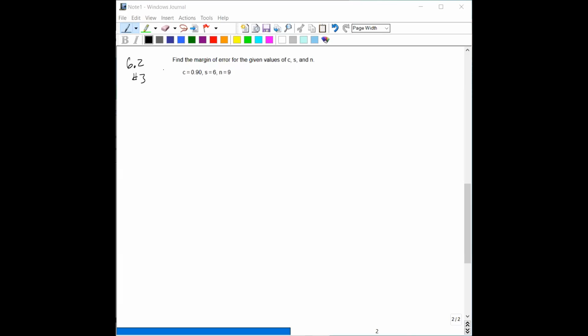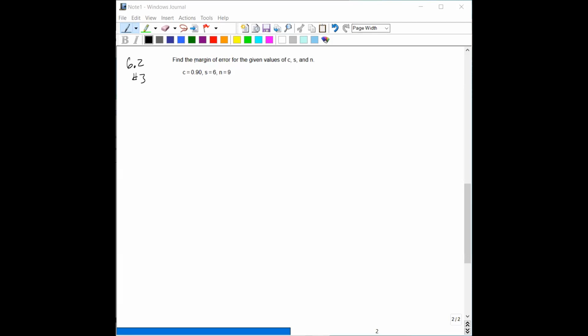Okay, so here's the question you're asking about. For you, this was 6.2, number 3. It says, find the margin of error for the given values of C, S, and N. It doesn't say it explicitly, but you should recognize this is from the section on confidence intervals.